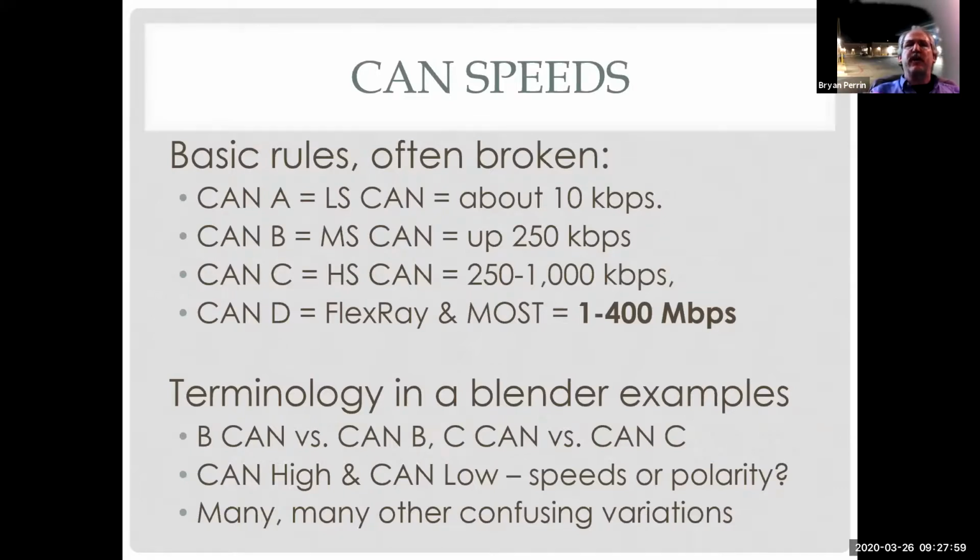For example, CAN high and CAN low, are we talking about the speed of the CAN, or am I talking about the CAN high, which is 2.5 to 3.5 volts, and CAN low 2.5 to 1.5 volts, or I'm talking high speed as in CAN C versus CAN low being low speed CAN A. So manufacturers interchange these terms, and it gets really kind of confusing sometimes.